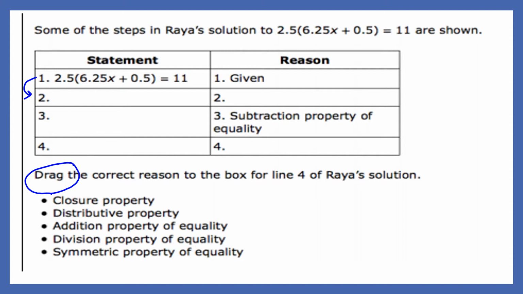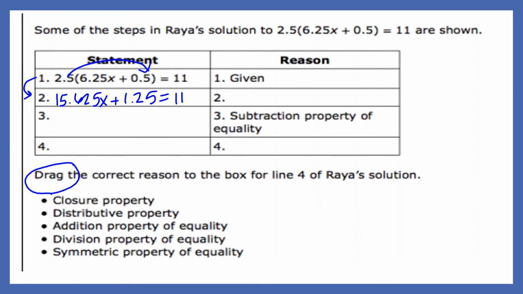So that does 2.5 times 6.25x equals 15.625x. Now I'm taking this and I'm sharing it here. 2.5 times 0.5 is plus 1.25 equals 11. Now this is just like what you normally would do.